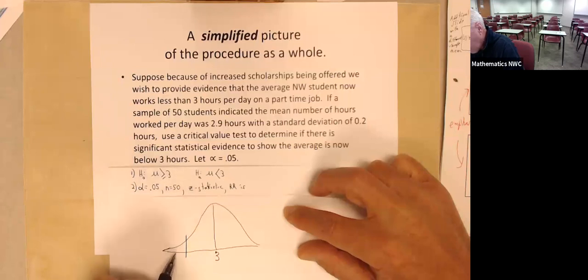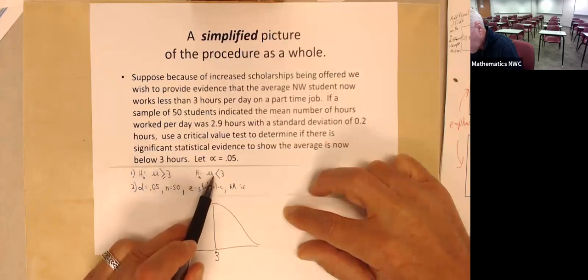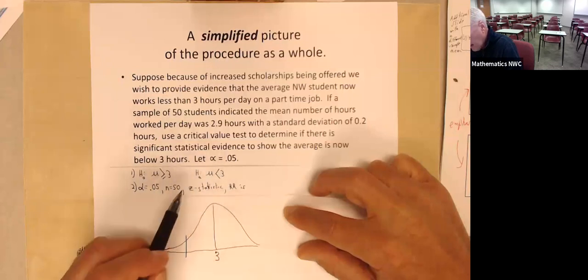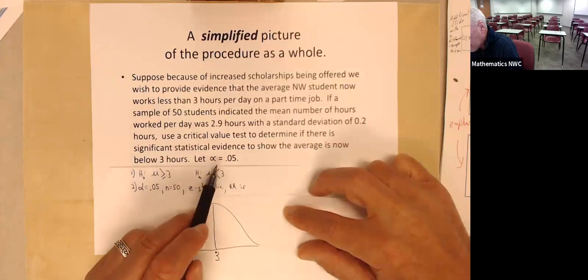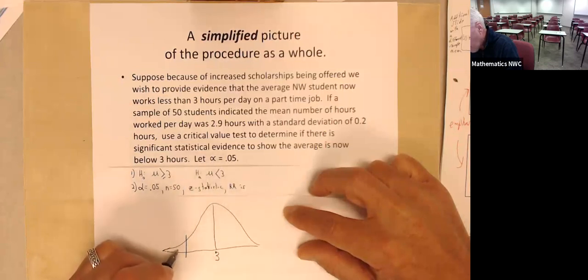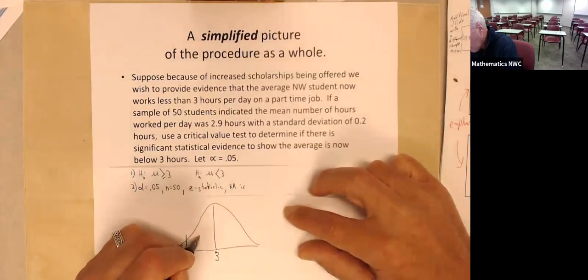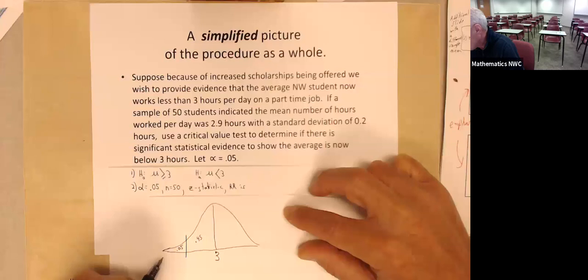How far is far enough that I can say this is false and this one is true? That line in the sand is determined by my alpha level, 0.05. I put all of that 0.05 into one tail, which means this has to be 0.45.